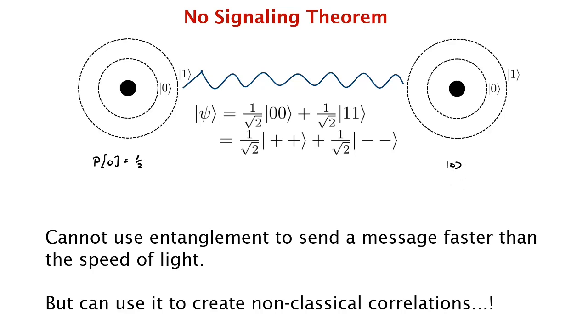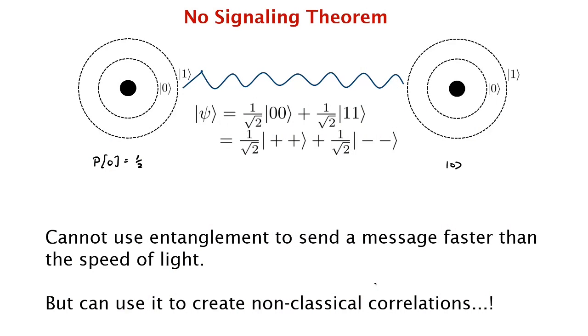But if you look at this more closely, in fact, you can't transmit a message of your choice. What you get instead is a random bit here on Earth and the same random bit on Mars. The only question is whether this random bit was created before you transported the second qubit to Mars, or whether the randomness happened at the instant when you measured it on Earth.